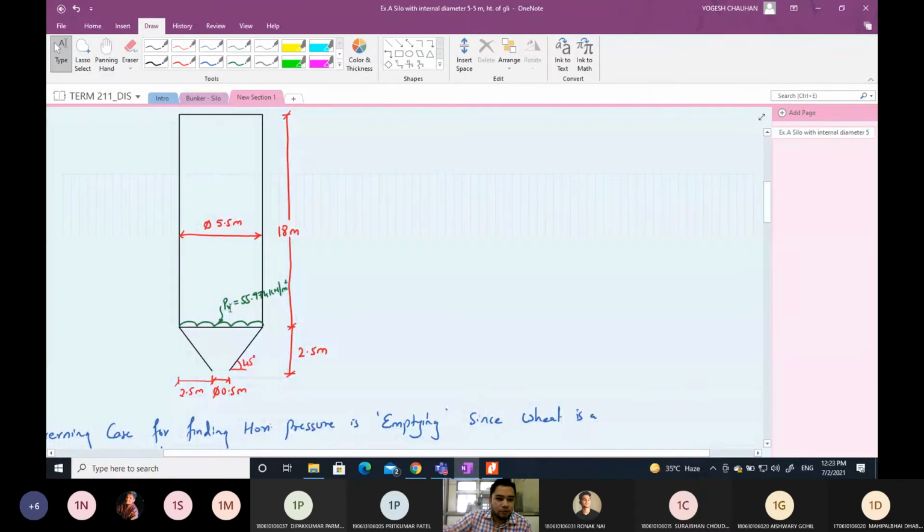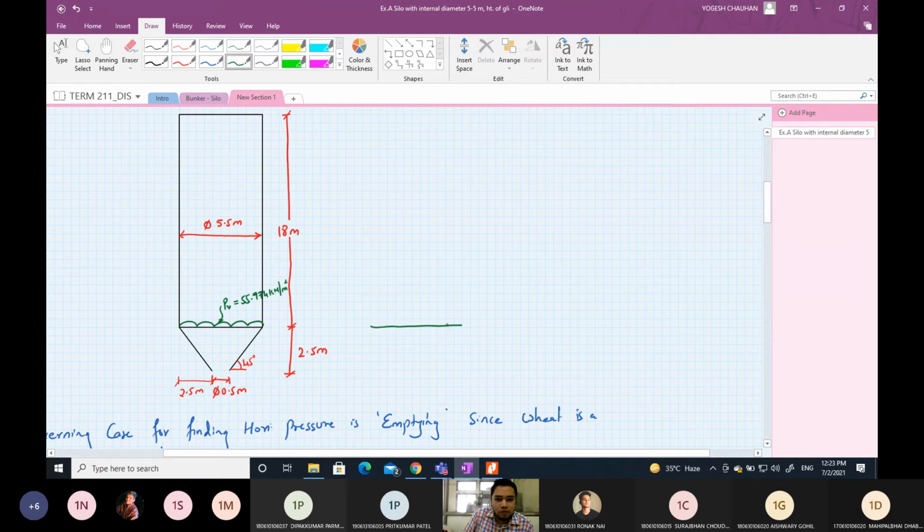So this pressure multiplied by the area of this cylindrical portion will give you the total vertical load. The total vertical load at this level from the grains, from the material stored. So that will be 55.974 multiplied by pi by 4 into 5.5 square. So that is 1329.85 kilonewton.